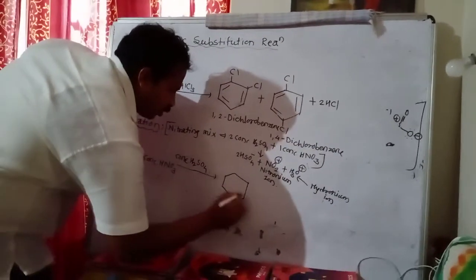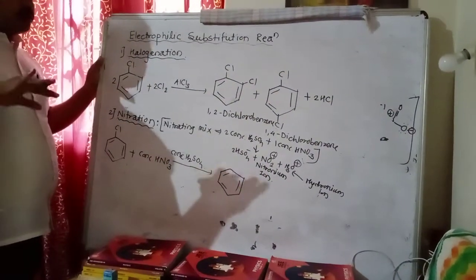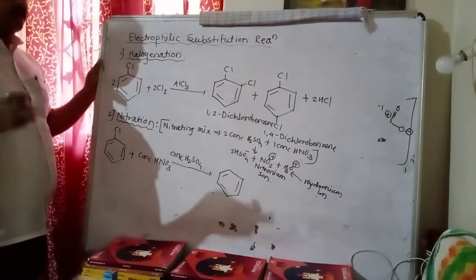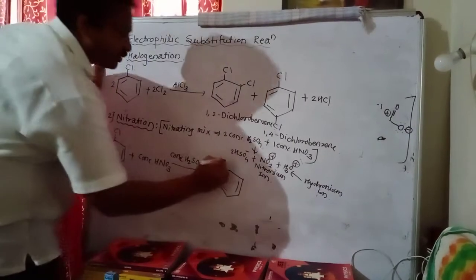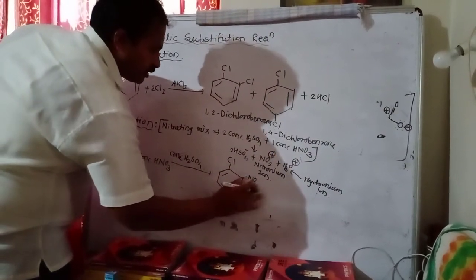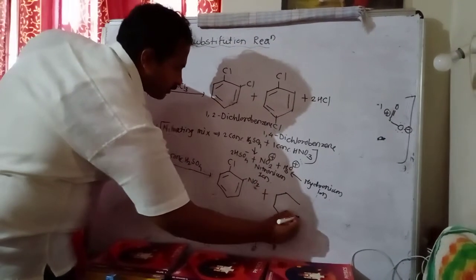You know that chlorobenzene is ortho para directing. In chlorobenzene the ortho and para positions carry negative charge. The NO2 group carries positive charge. Therefore, NO2 goes to the ortho and para positions.